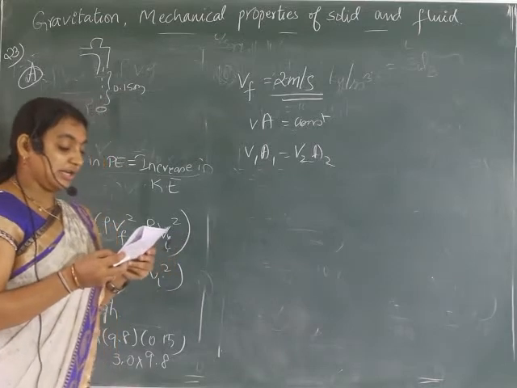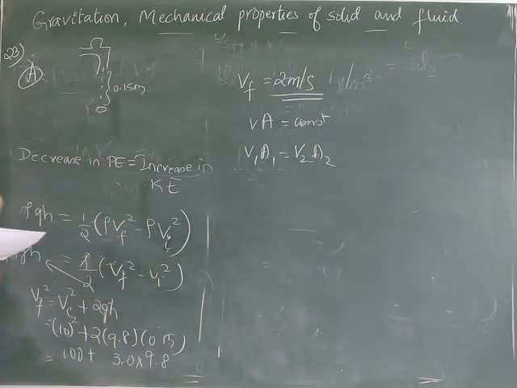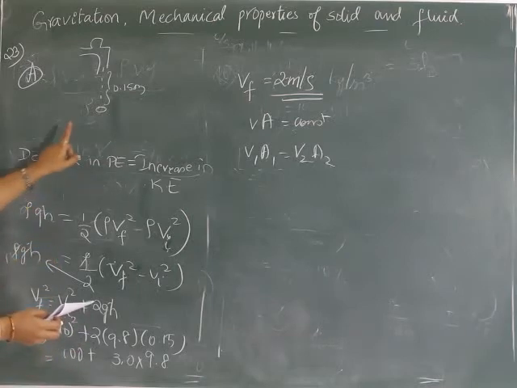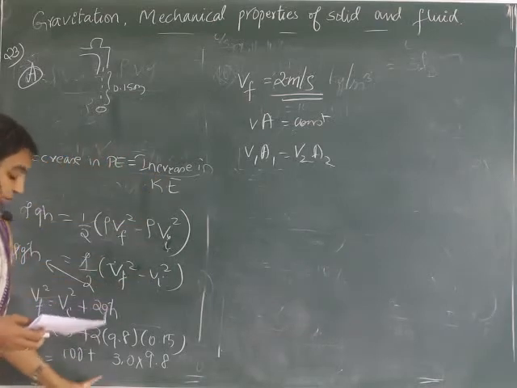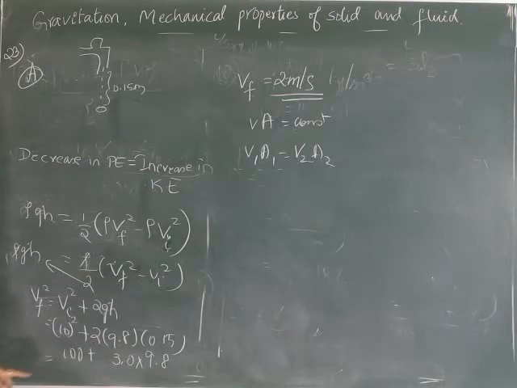The cross-sectional area of the stream below 0.15, what I can say the answer? As velocity is 2 times, earlier velocity was 10, now it is 2, correct? Is it 2 we are getting?